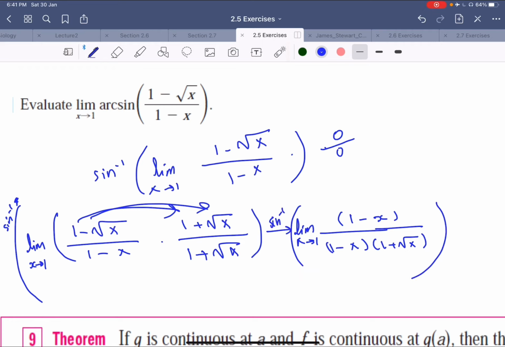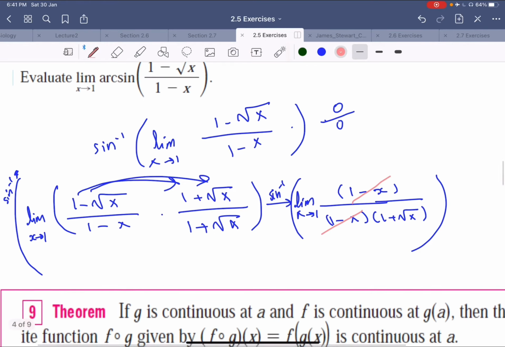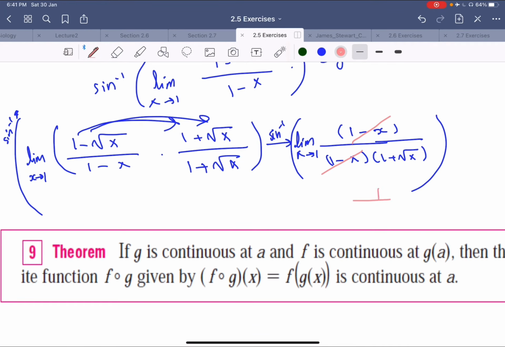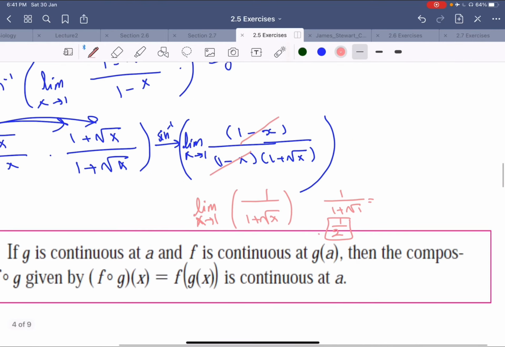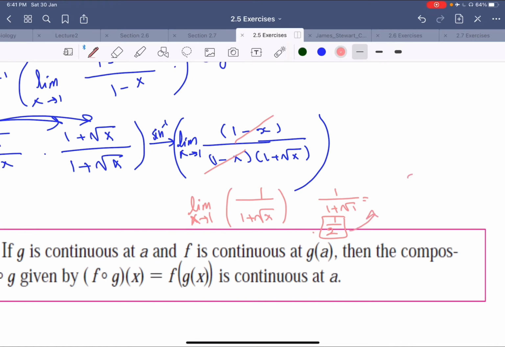So this cancels with this and we get 1 over 1 plus root of x when x approaches 1. So we substitute, and we get 1 over 1 plus root of 1 which equals half. Okay. So we put sine inverse of half, which will give us pi over 6.